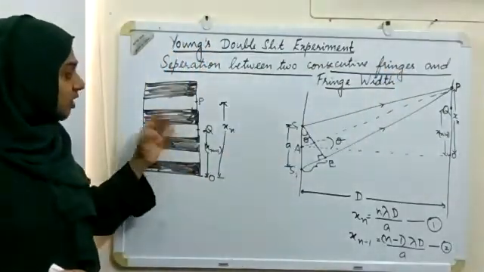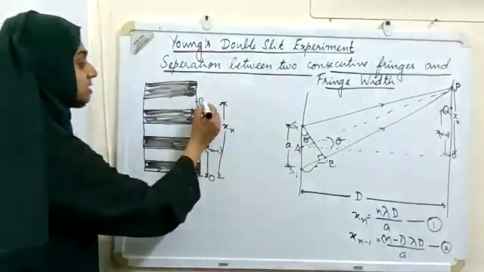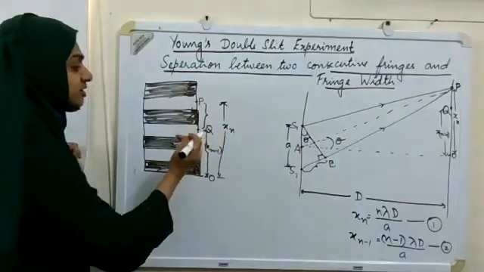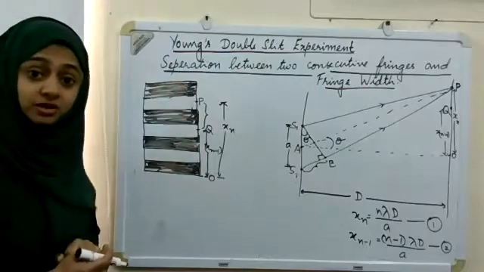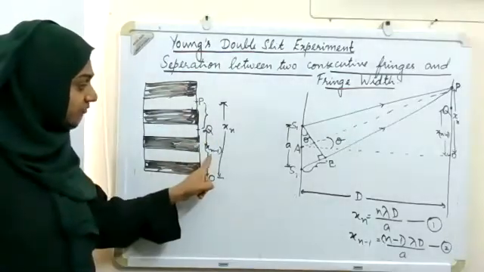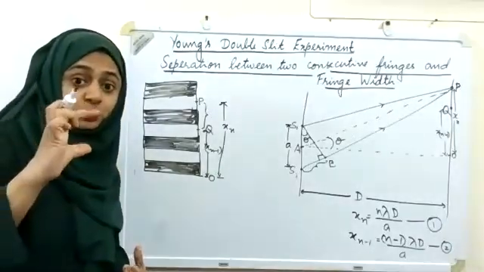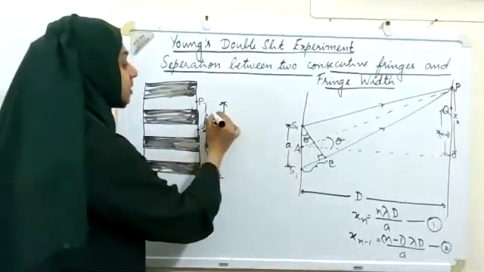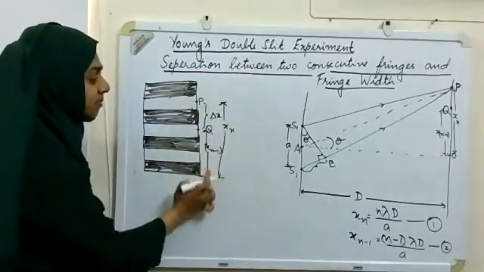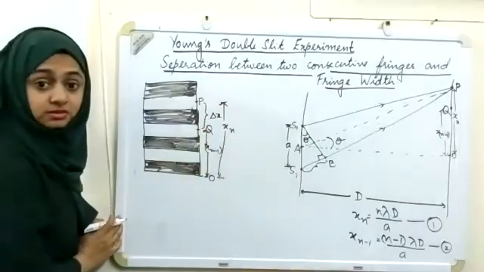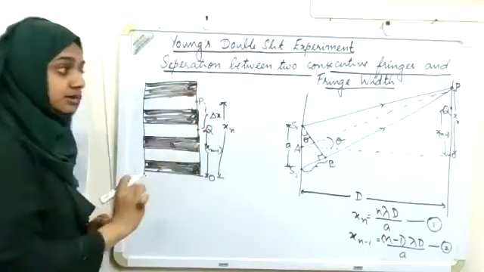Now we want to find the separation between two consecutive fringes. P and Q are two consecutive fringes. So how can we find the distance between two consecutive fringes? It will be the distance between the points P and Q, right? So we know xn and we know xn minus 1. So to find the separation between two consecutive fringes, represented by delta x, I can take it as xn minus xn minus 1. Is that clear? Yeah, just the difference, right?